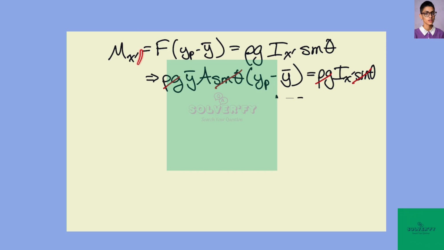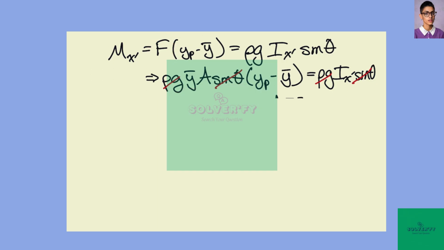So we have the moment about the x prime axis, the x-axis through the centroid, is the force times the distance from the center, the y position of the center of pressure minus y bar. And then we had this from before in the previous problem.